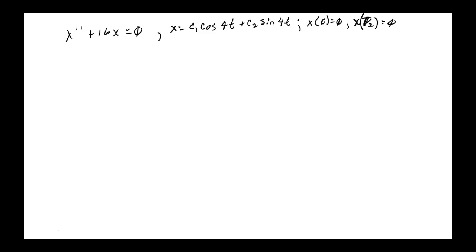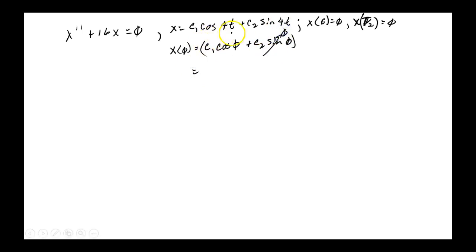Well, let's plug in and see what we get. x of 0, in other words, when t is equal to 0, is equal to C1 cosine 0 plus C2 sine of 0. Okay? Well, what's sine of 0? 0.